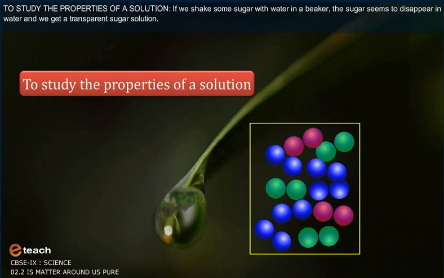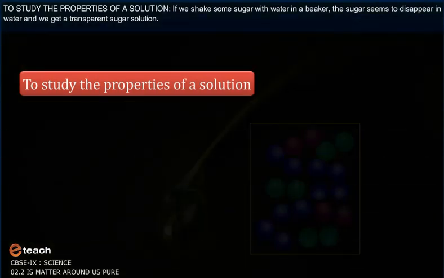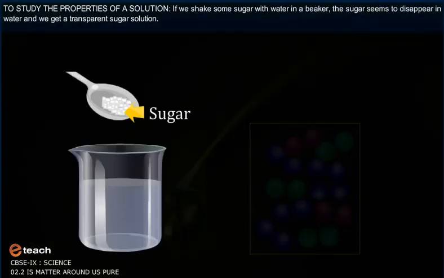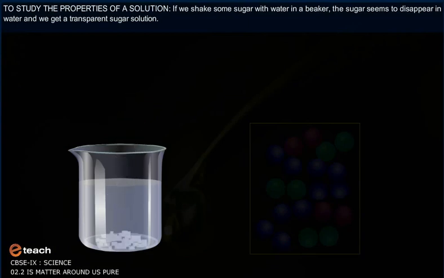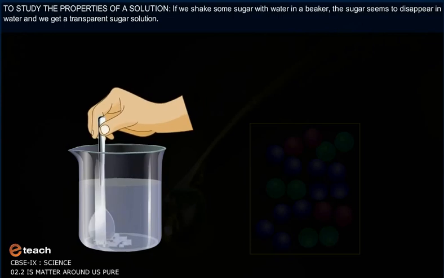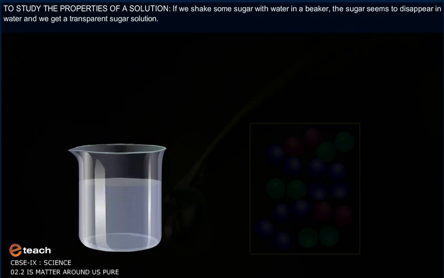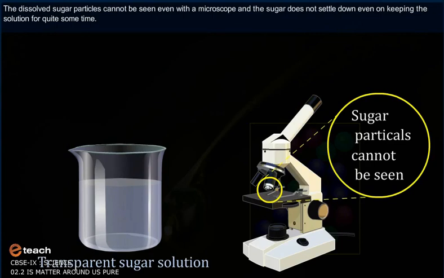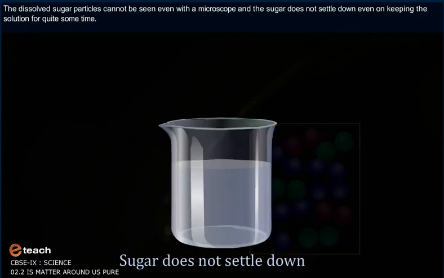To study the properties of a solution, if we shake some sugar with water in a beaker, the sugar seems to disappear in water, and we get a transparent sugar solution. The dissolved sugar particles cannot be seen even with a microscope, and the sugar does not settle down even on keeping the solution for quite some time.